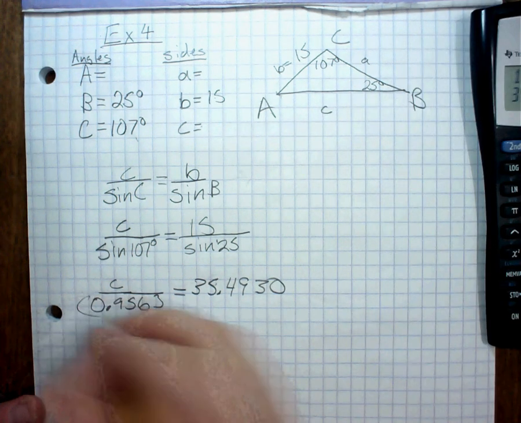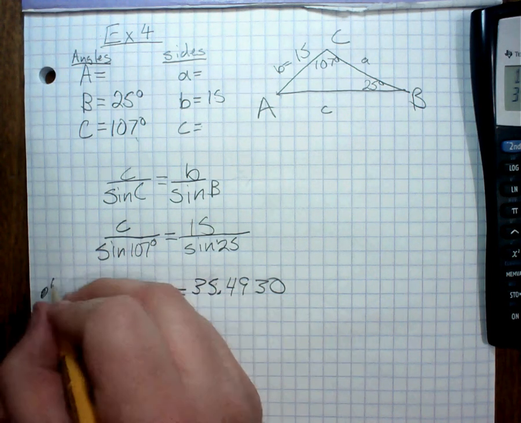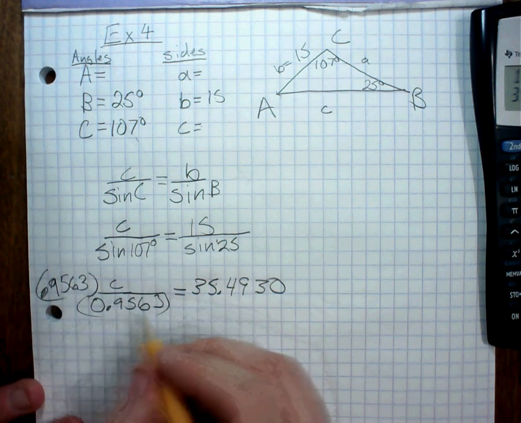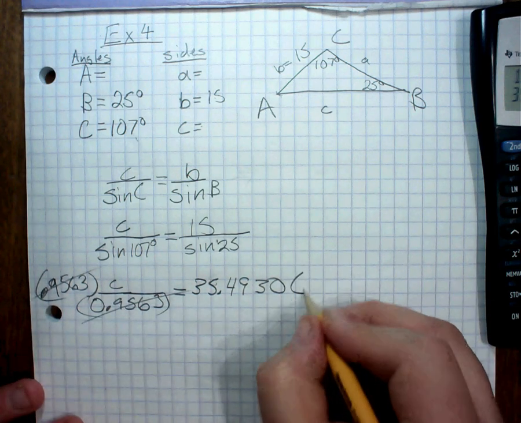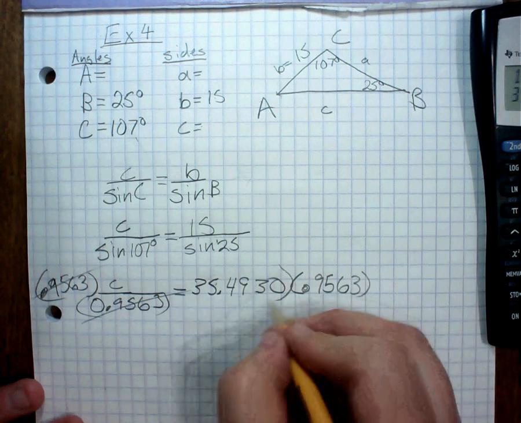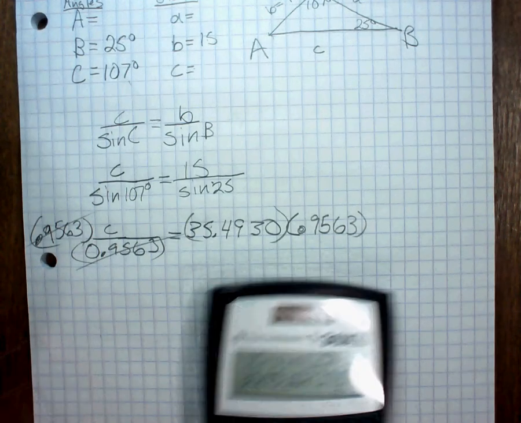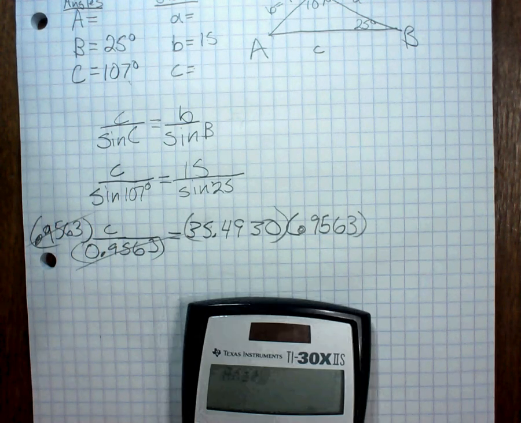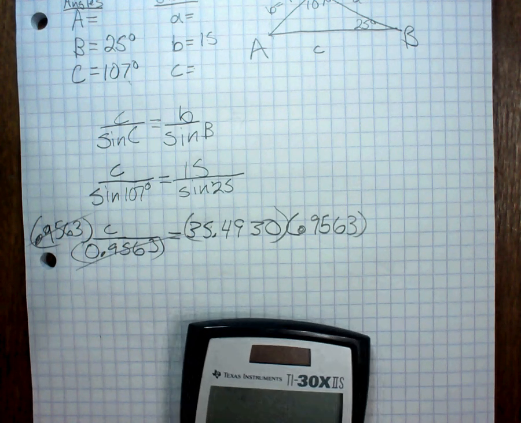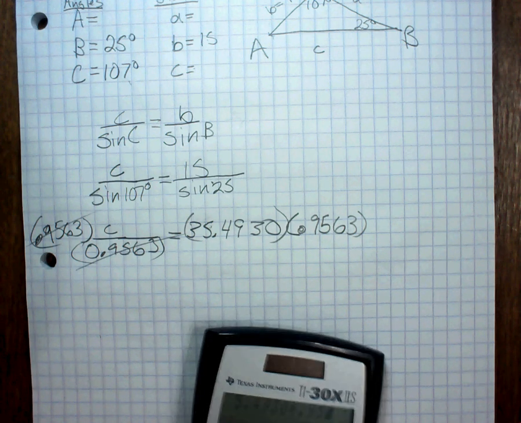So now to solve for c, I'm going to multiply by this number, 0.9563, and those two will cancel out. But remember, if I multiply by 0.9563 on one side, I've got to do it on the other side. So I'm going to take this number here, and I'm just going to multiply 35.4930 times 0.9563.